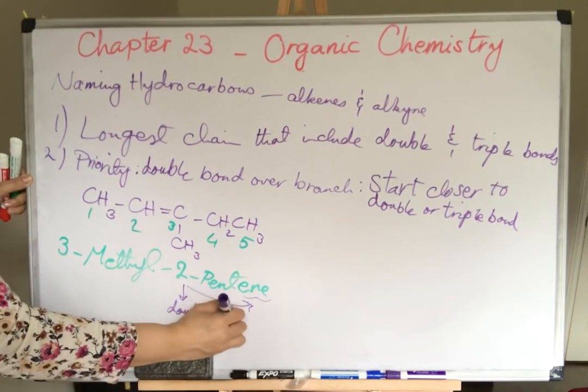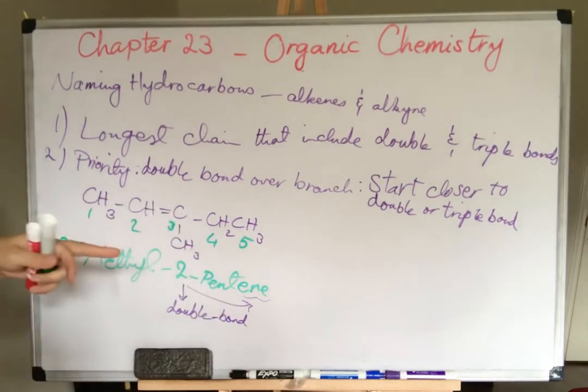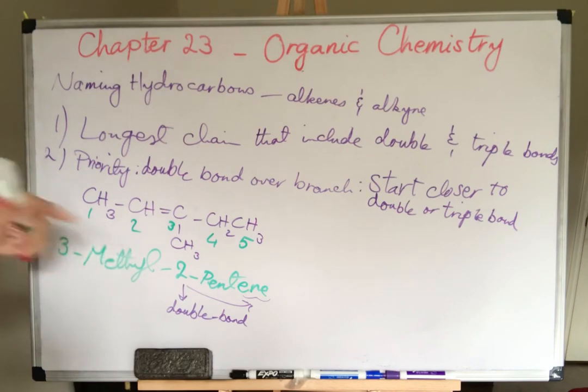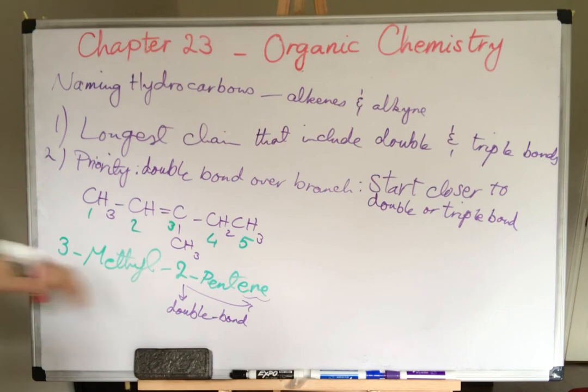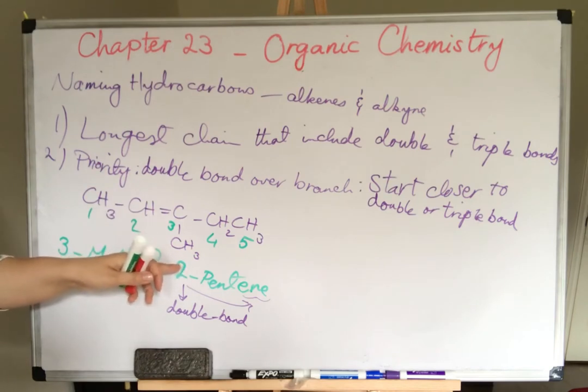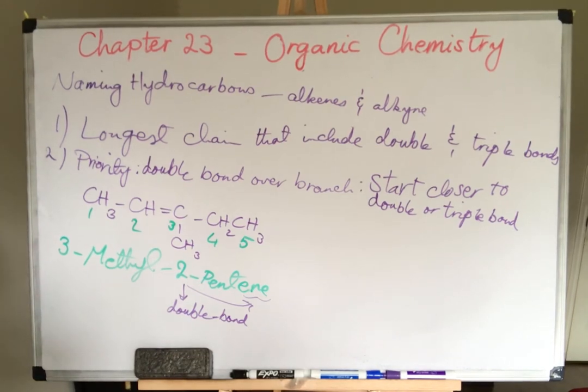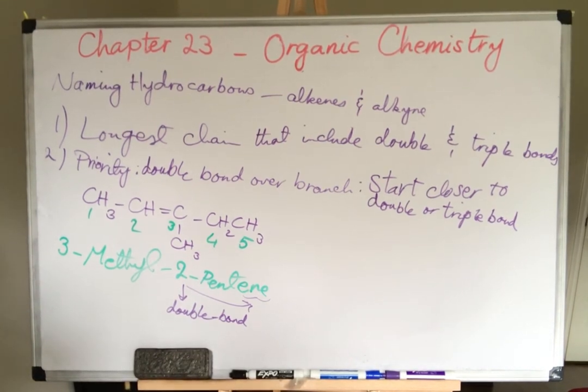And you have a methyl group on the third carbon. Okay? 2 is the location of the double bond between the second and the third. So the carbon that starts the double bond is going to be mentioned. The priority is with the double bond, and the same for the triple bond.